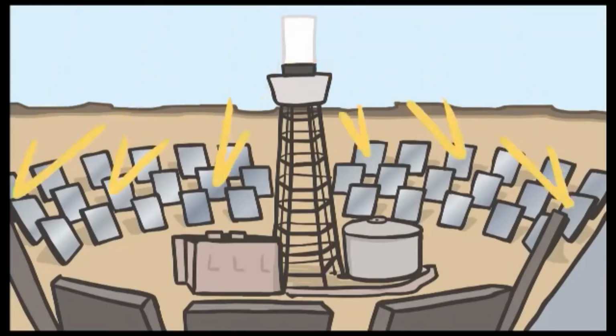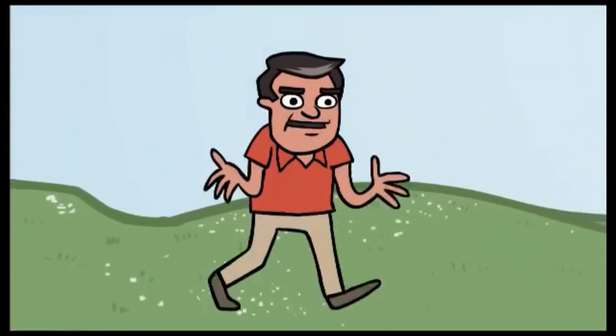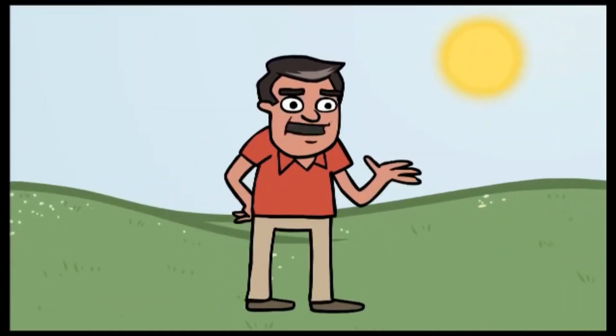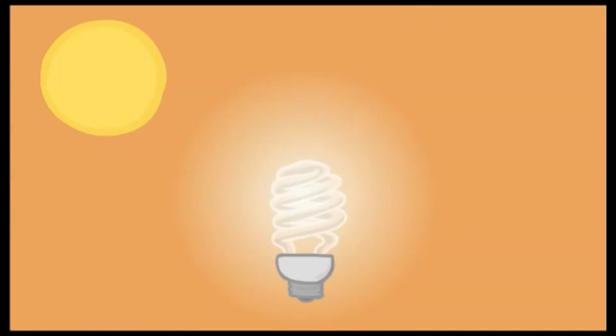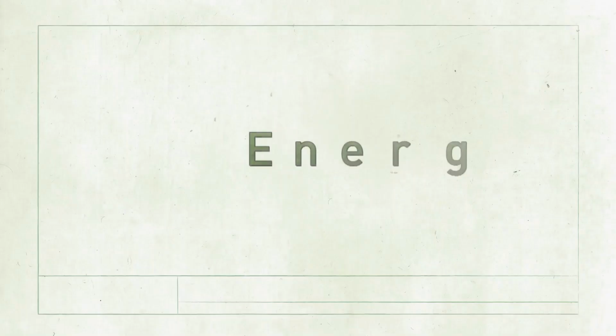The receiver then collects the solar energy and converts it to heat. The production of energy from solar thermal plants works essentially the same as fossil fuel power plants. But instead of producing steam from burning fossil fuels, the steam is made by the sun. The only downside to this source of technology is that the power only exists as long as the sun is up.